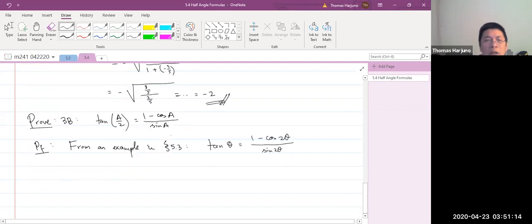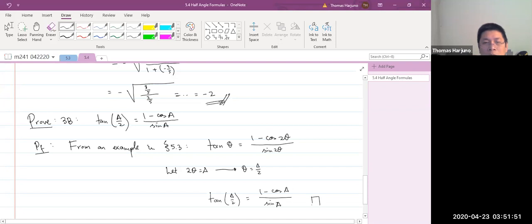So I basically do the same substitution. Okay, let 2 theta equal a. So theta equals a over 2. Okay, I'll then put it in. So tangent a over 2 equals 1 minus cosine a over sine 2a, I'm sorry, sine a.